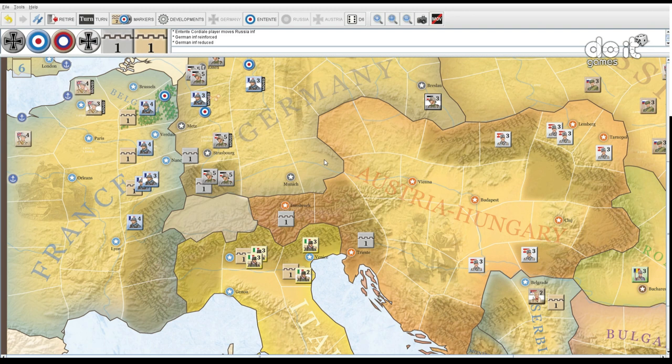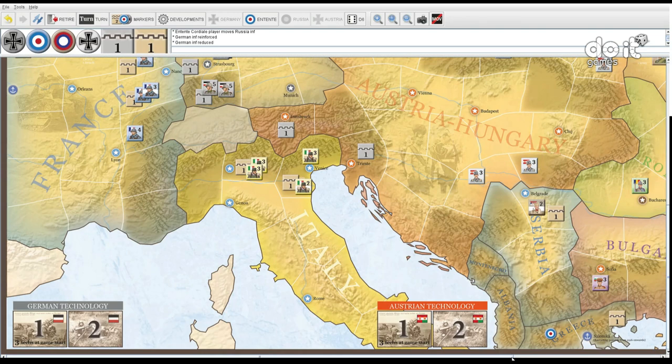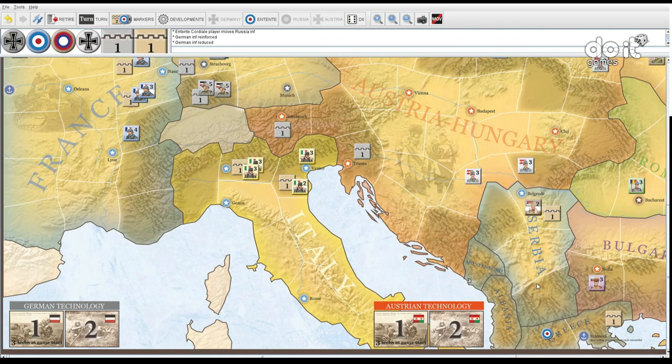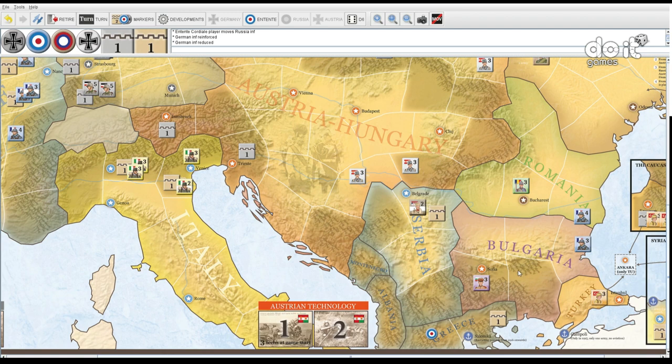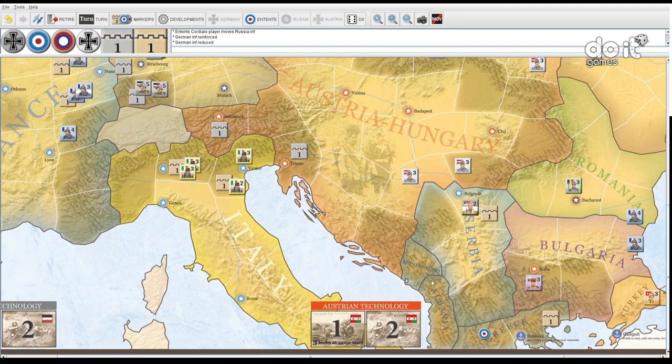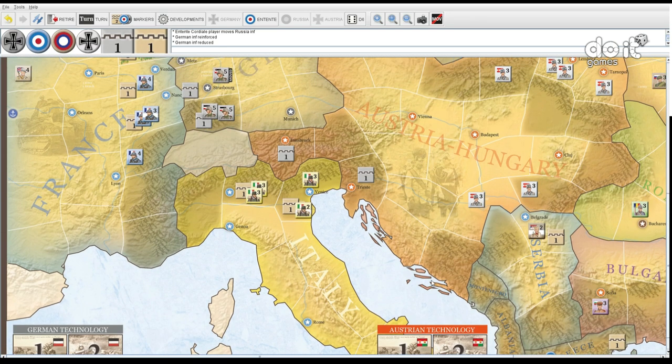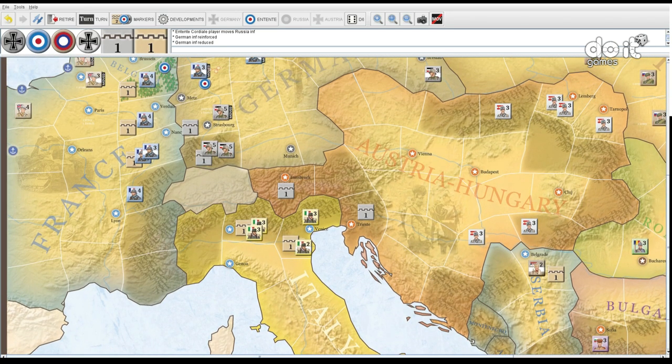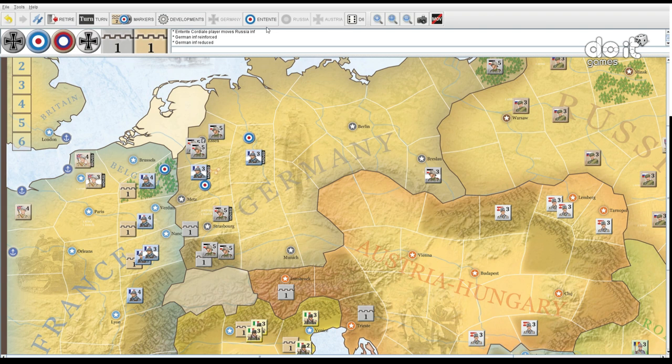But there is one exception: British and American forces can be created in any port that the power controls. If that port is in the Mediterranean, one of these three ports, only small armies can be created. Remember that the British have two kinds of armies. I will show you now.